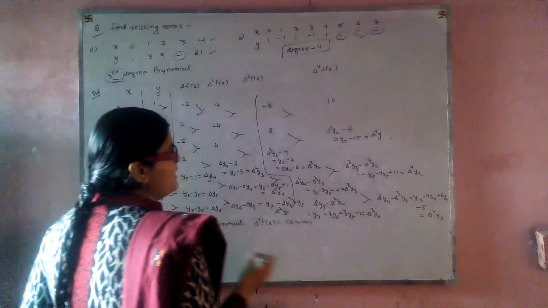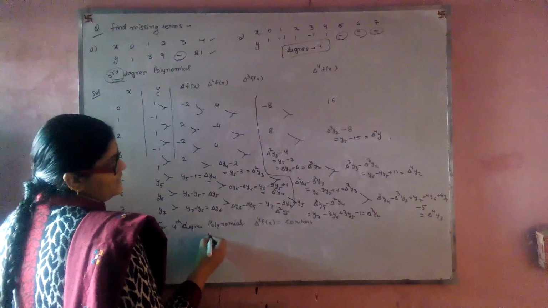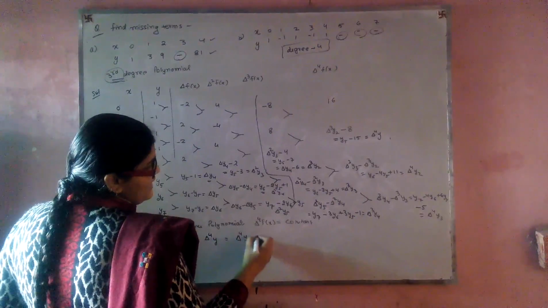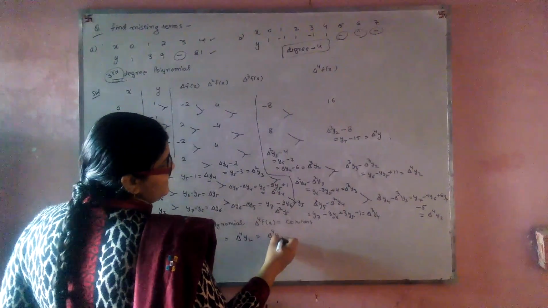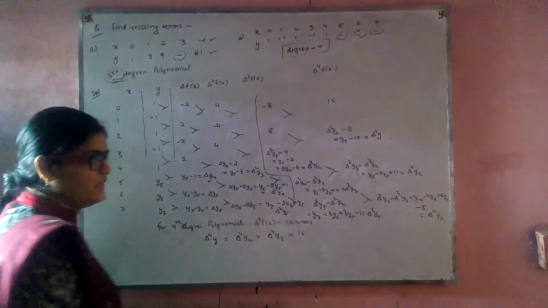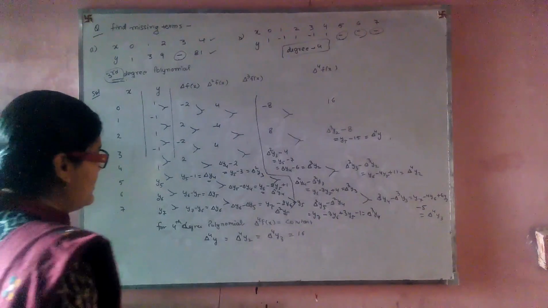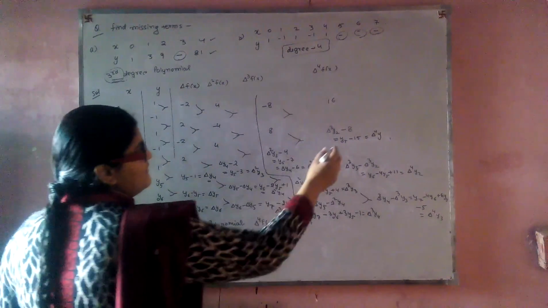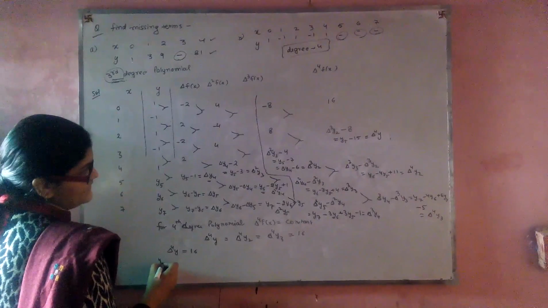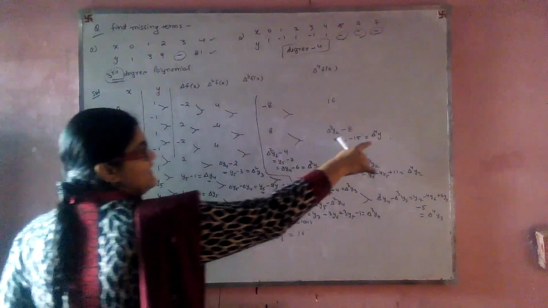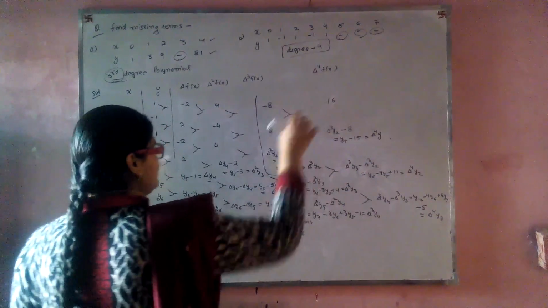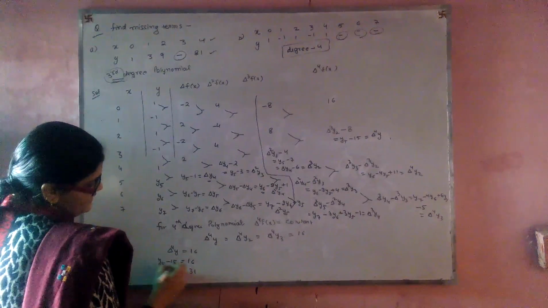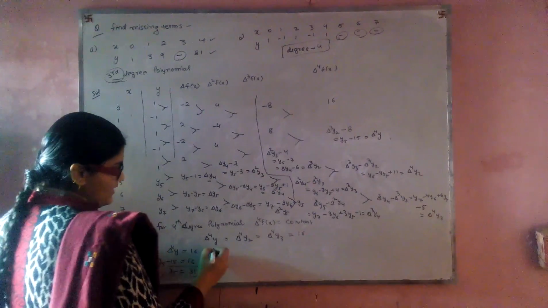So these all become equal to each other, that is delta 4 y1, delta 4 y2, delta 4 y3 all become 16. Delta 4 y1 is 16, that means y5 minus 15 becomes 16, that is y5 becomes 31. Okay.